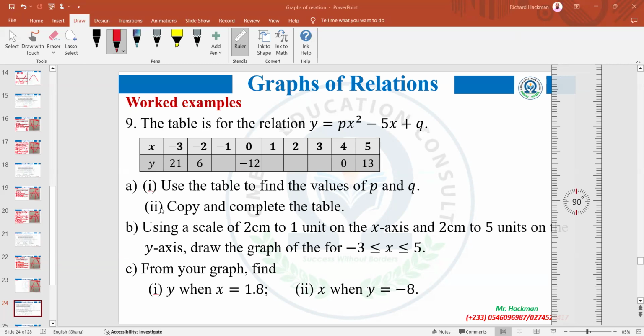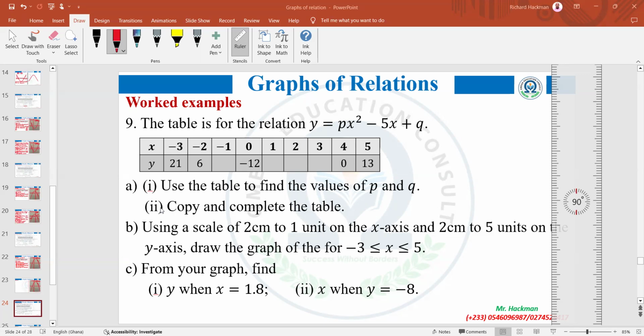Only that in these questions the relation will not be given completely, meaning you wouldn't know the exact relation. The relation will involve letters, constants, either your coefficient of x squared, the coefficient of x, or your constant term. Not all of them given.